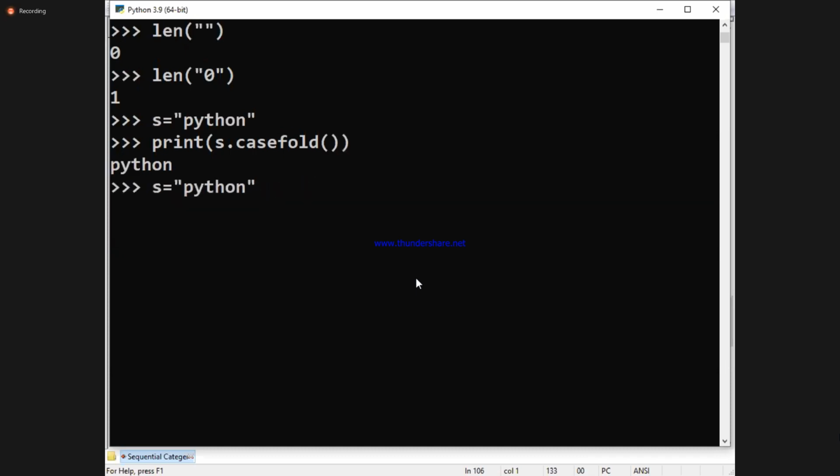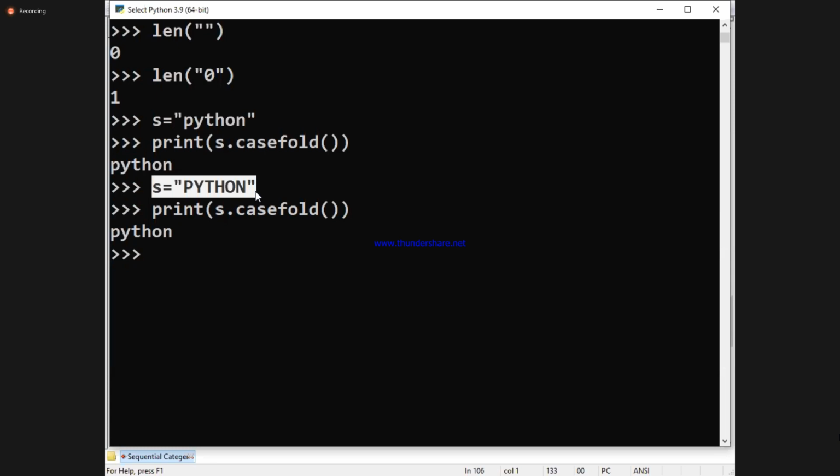If I say S is equal to Python, I am writing it in uppercase. What is the value of S? Uppercase. What will S dot casefold give you? Lowercase. Like that, 2 upper, 2 lower. Once again, I will write it. S is equal to Python programming textbook.